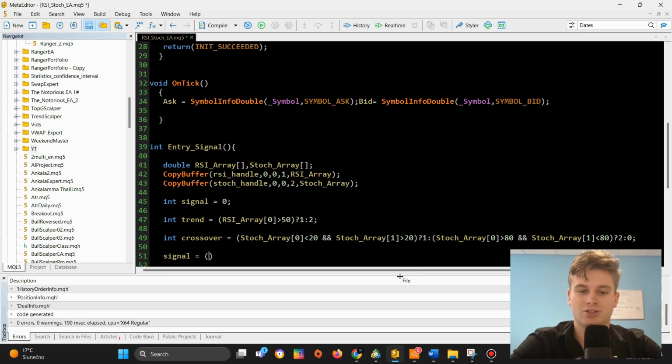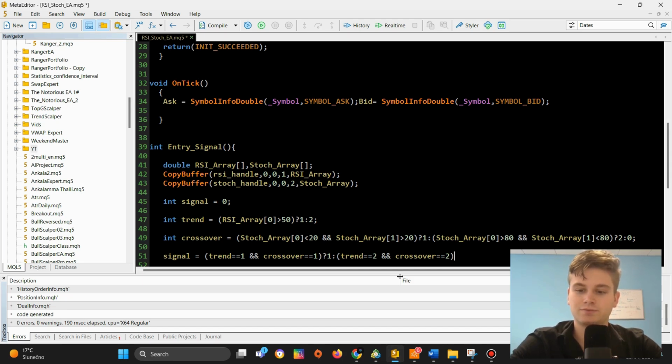So if trend is equal to 1 and crossover is equal to 1, then I will assign a value of 1 to the signal variable. If this is not the case, then I will check whether the trend is equal to 2 and crossover is also equal to 2. And if this is the case, then I want to sell.